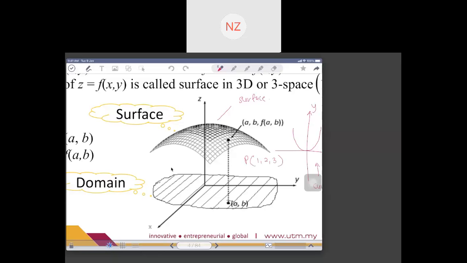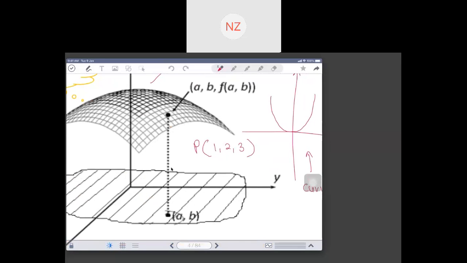I give you 10 seconds to plot that point in 3D. This is the value of x, this is the value of y, and this is the value of z.